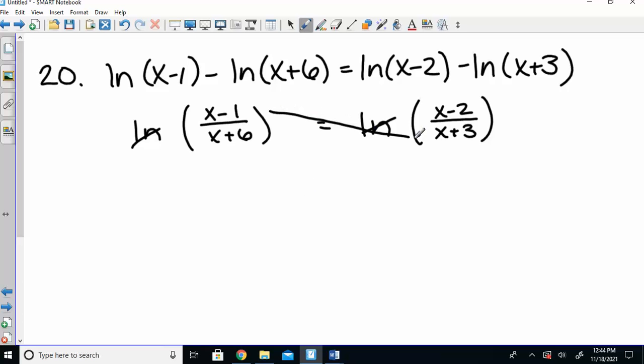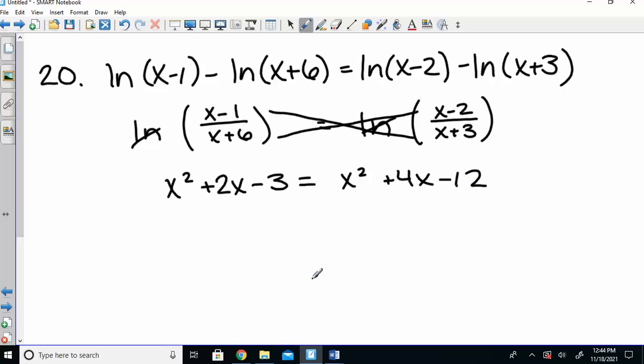So if I do that, we have to FOIL. X minus 1 times x plus 3 would give me x squared plus 3x and minus x is plus 2x minus 3. And if I multiply these, we get x squared minus 2x and plus 6x is plus 4x minus 12. So if I subtract over my x squared, lucky for us, those cancel. So we really just have a linear function.